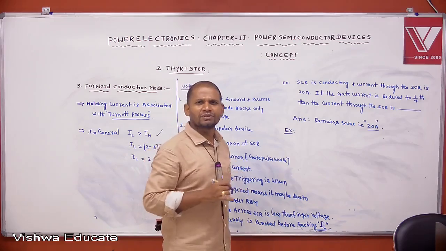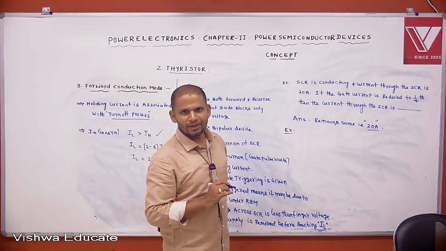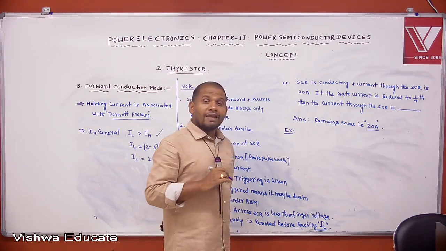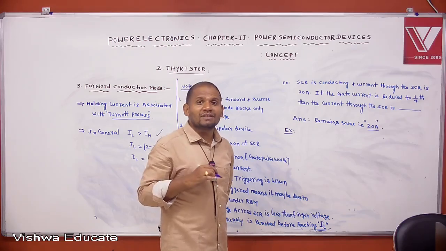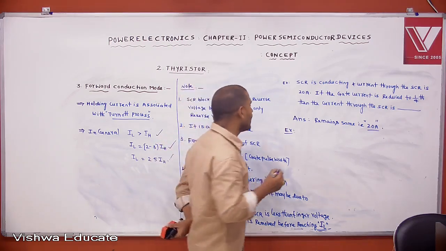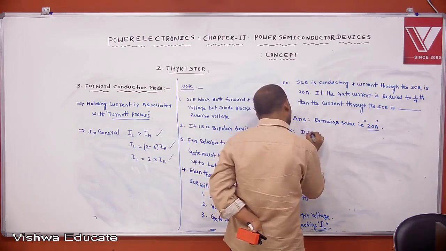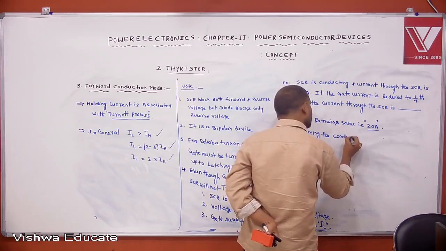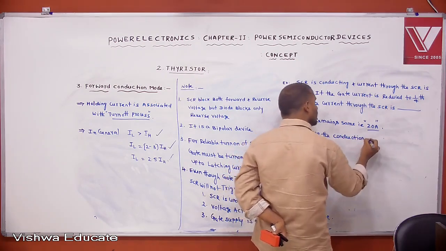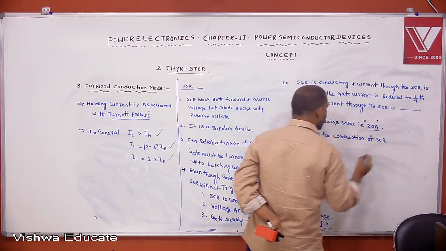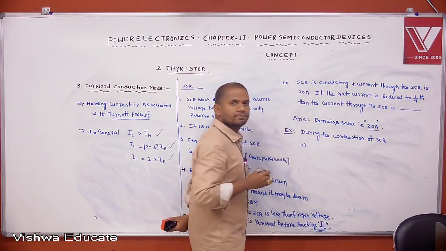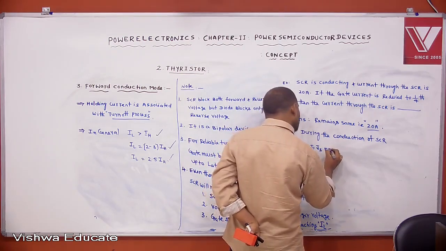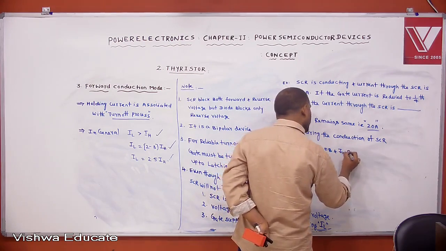For example, a further question, if it is framed like this. This is just a theory question I am giving based on this concept. Concept oriented. During the conduction of SCR, tell option A: J1, J3 forward bias and J2 is reverse bias.